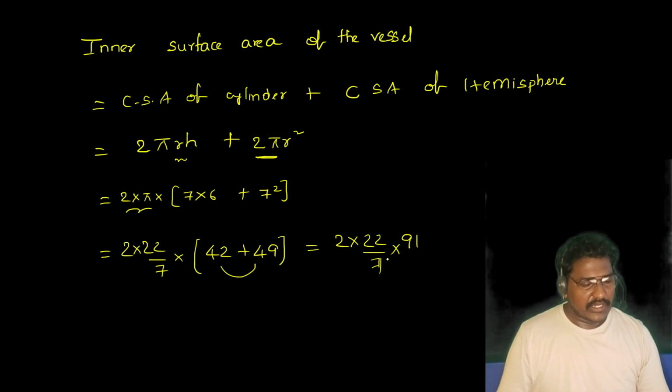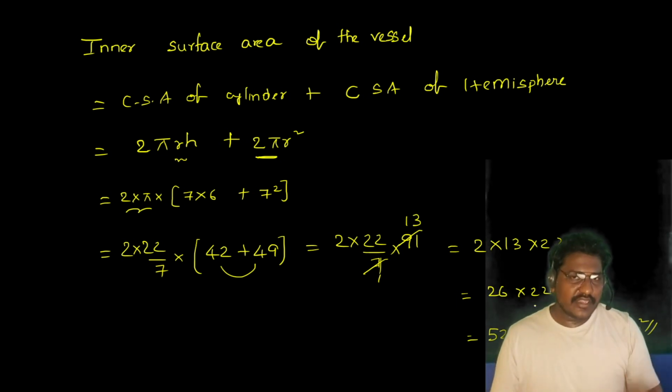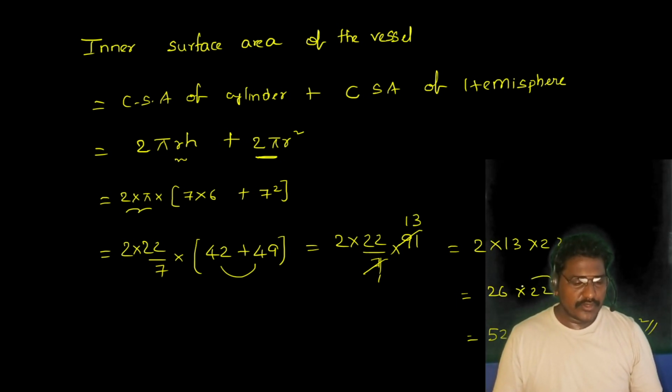Now 7 1s are 7, 7 13s are 91, so 2 into 13 into 22, that means 52 into 11, or 26 into 22. So that means 52 into 11, 572 centimeter square. Since I know the trick of multiplying with 7, I will never multiply with 22 directly.